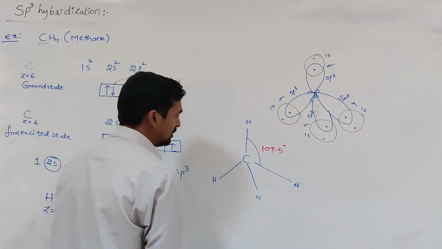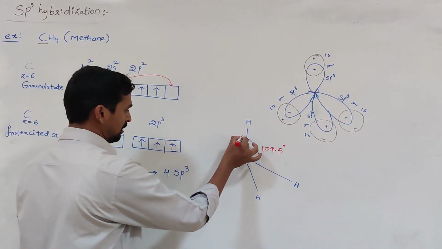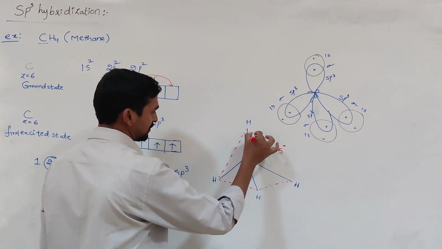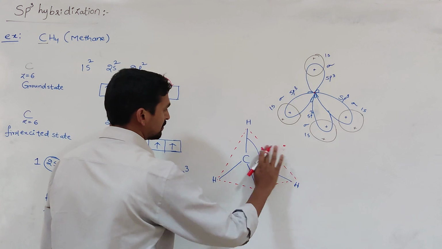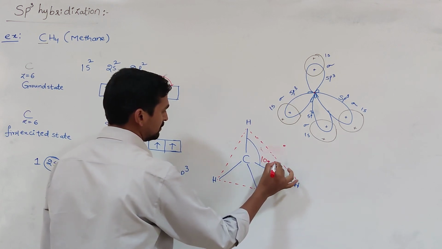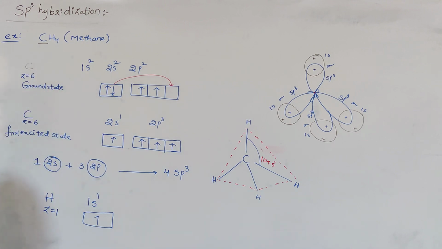So this is one of the best examples of sp3 hybridization. This is 109.5 degrees. So the example is the CH4 molecule. Let us take one more example.